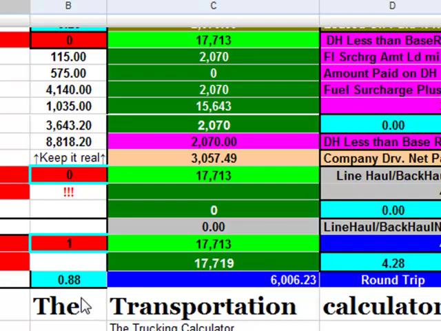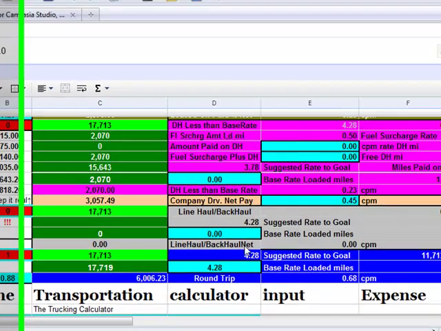Okay, this is the percentage of deadhead that you'll do per round trip to come back. Okay, percent of the load. If you went out 500 miles, for example, then you'll come back probably about 480 miles or whatever.